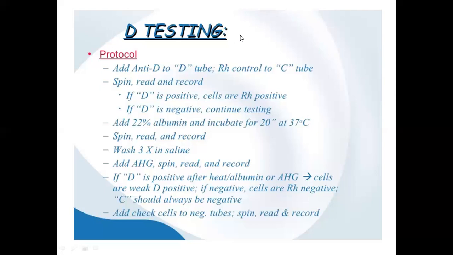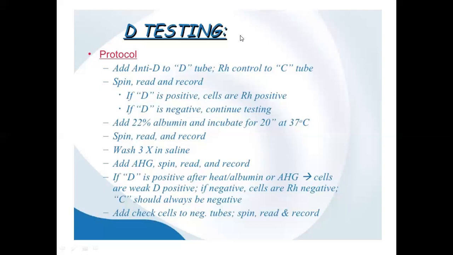Okay. Now, what do you expect if it is a true negative? Pagdagdag ng check cells, should be an agglutination. Bakit? Because your check cells reacted to the AHG na free in the test mixture. Okay. Now, if there would be agglutination upon the addition of check cells, then that makes a negative result valid.